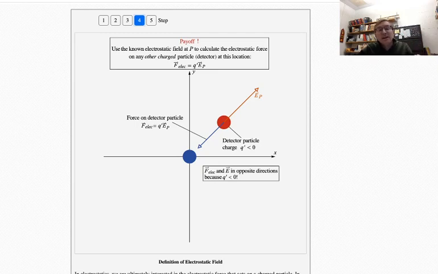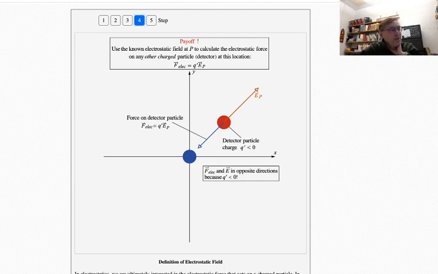So take the electrostatic field at point P and multiply it by the amount of your pet particle's charge. I called it Q prime because I don't want to confuse it with the source charge Q. And F electric is Q prime times E at P.